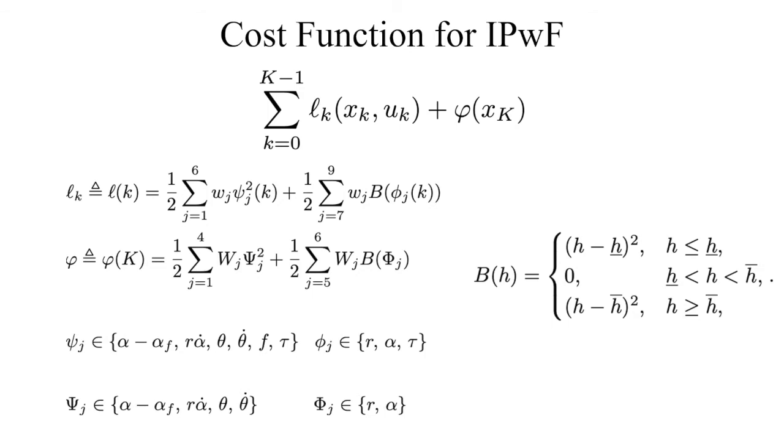Now, W5 and W6 are used to penalize and minimize the control actions, F and tau. Finally, W7, W8, and W9, capital W5 and capital W6, are used to bound the telescope leg length R, alpha, and torque within the upper and lower bounds by using the boundary cost function BH.